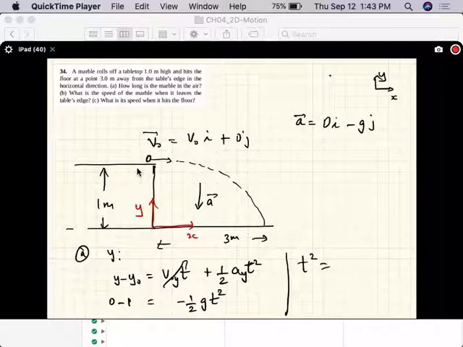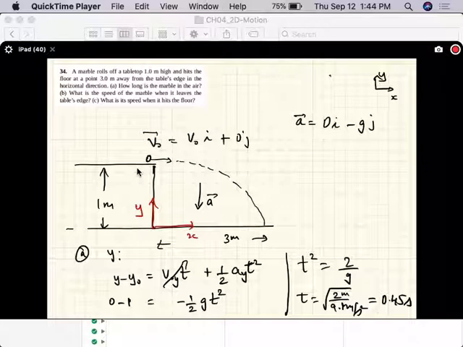So t squared is 2 divided by g, and this works out to, okay, the marble hits the floor 0.45 seconds later.